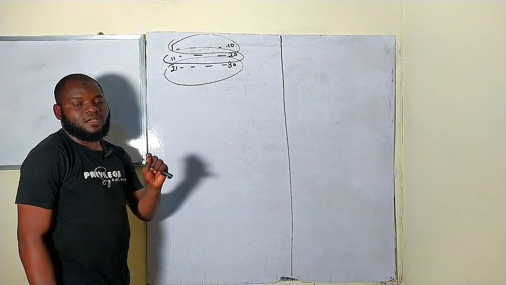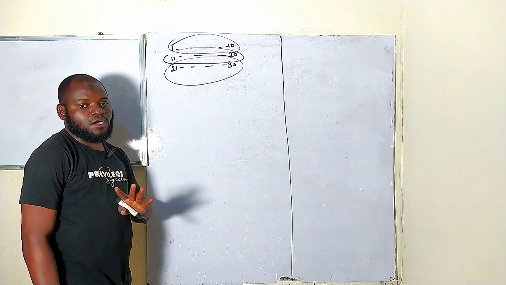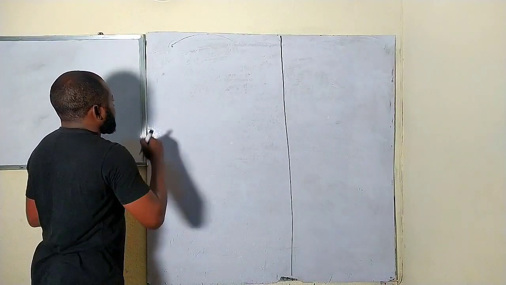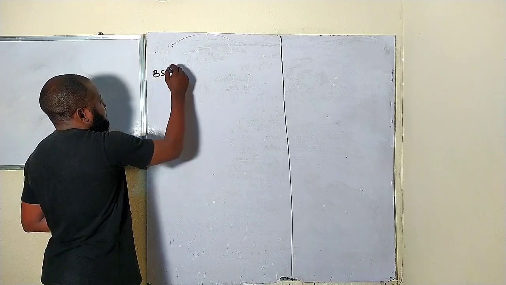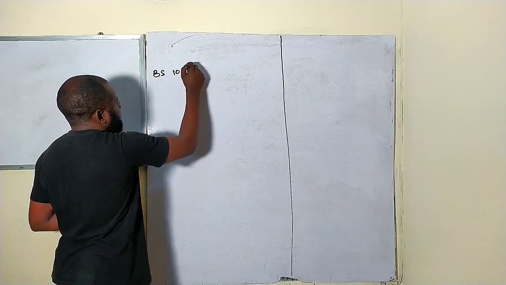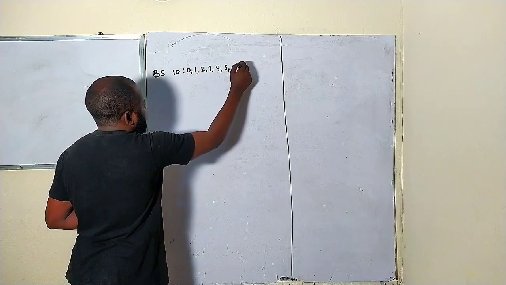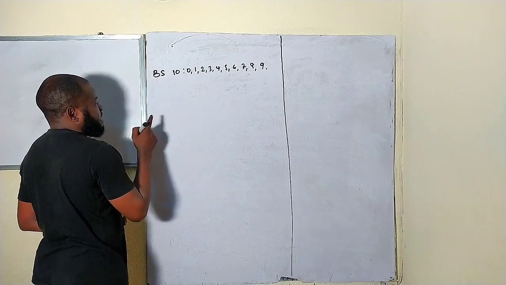So now let us understand each of the bases and what are the rules, the things we should check on every base, so that we are going to know if it is right or wrong. So let's check. If I have base 10, I don't need to write base as BS. So base 10, I have 0, 1, 2, 3, 4, 5, 6, 7, 8, 9 to be the digits that I can have there.